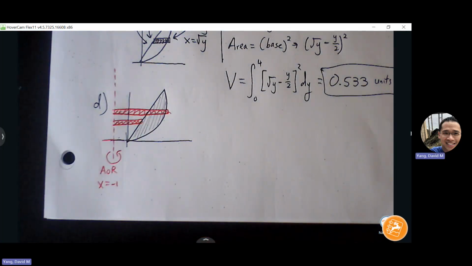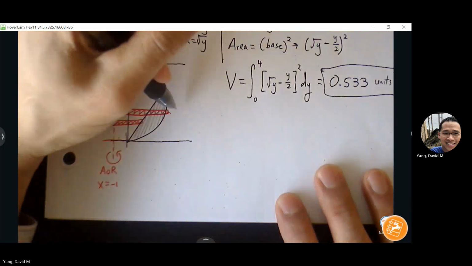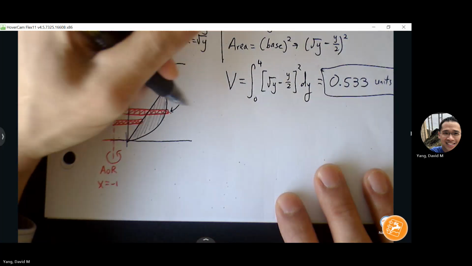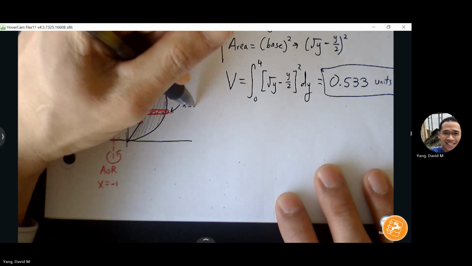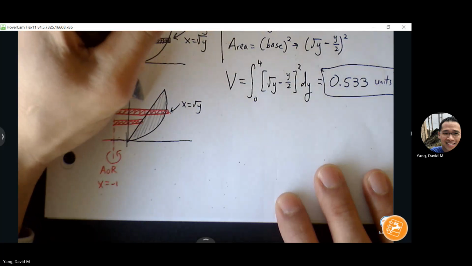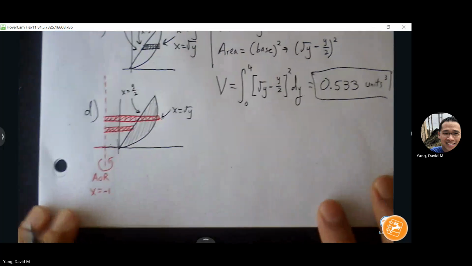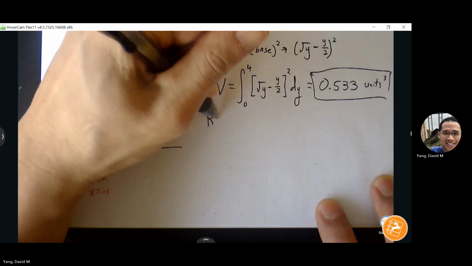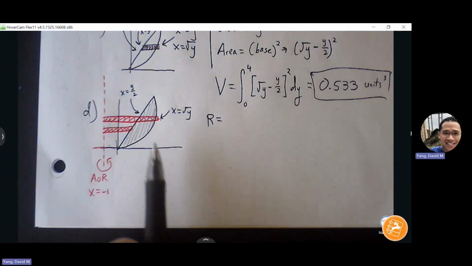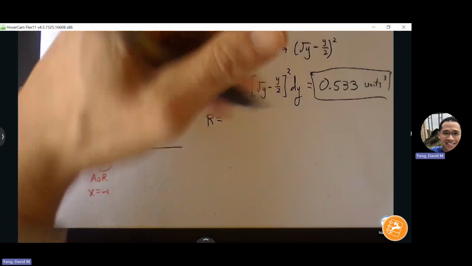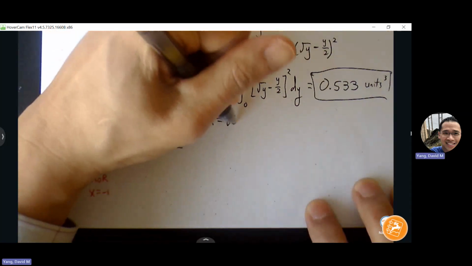We have to build 2 radii, big R and little r. Okay, right minus left. What's the right endpoint of the big radius sitting on? Root y.